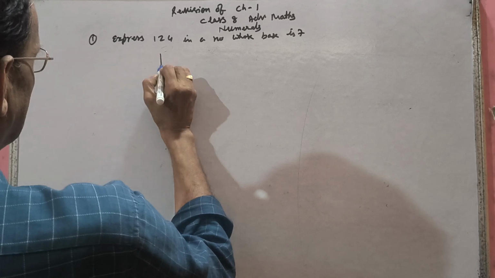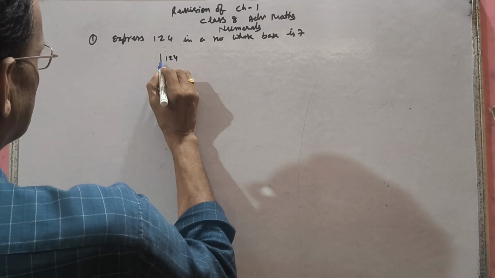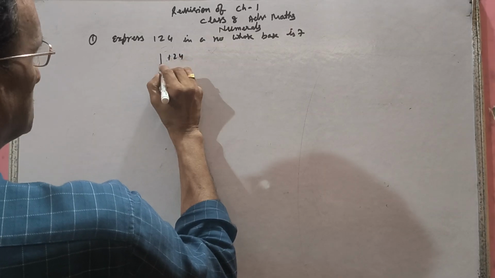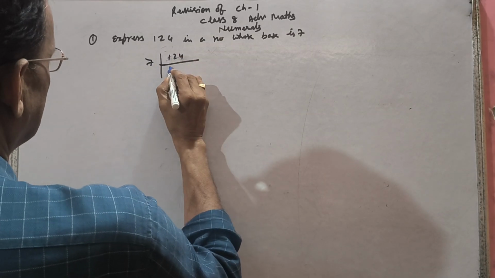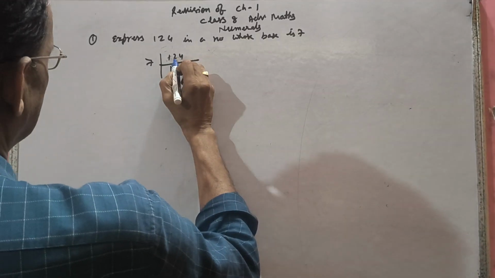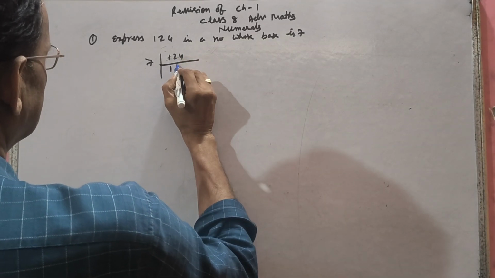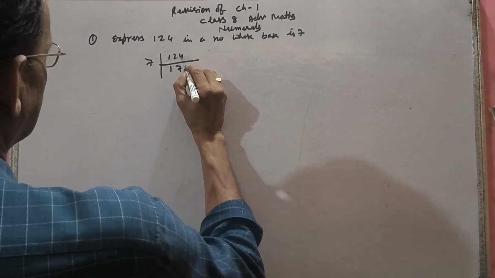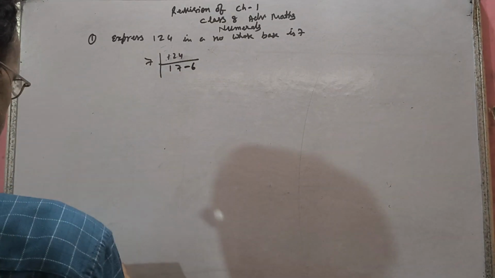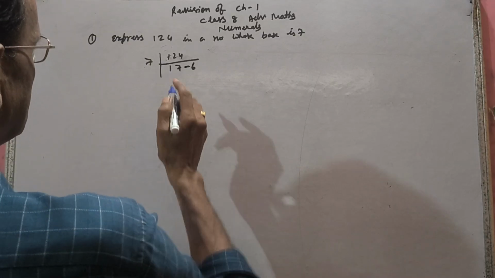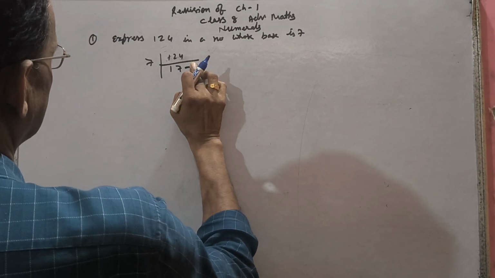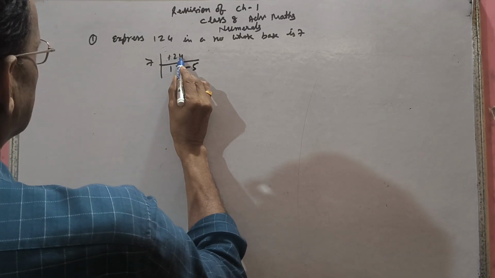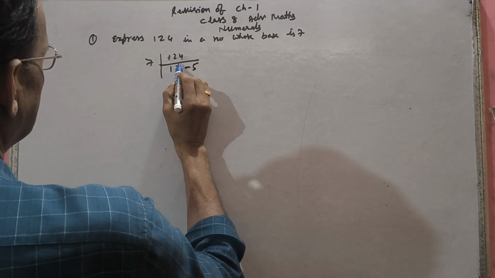The process is 124 divided by 7. 7 times 1 is 7, how much will you get? 5, 4, 7 times 7 is 49.